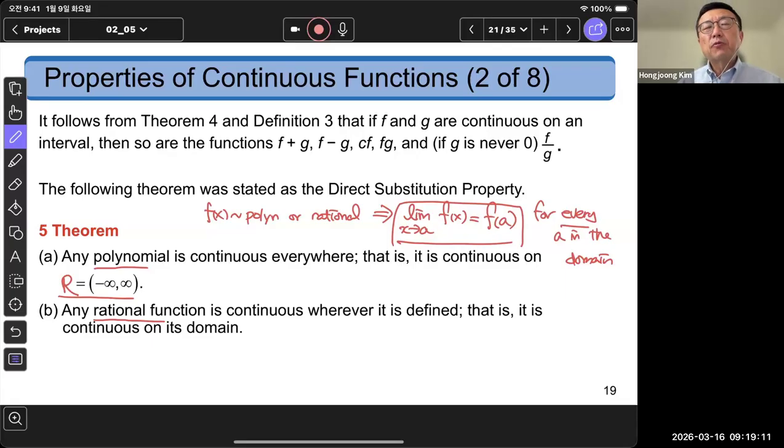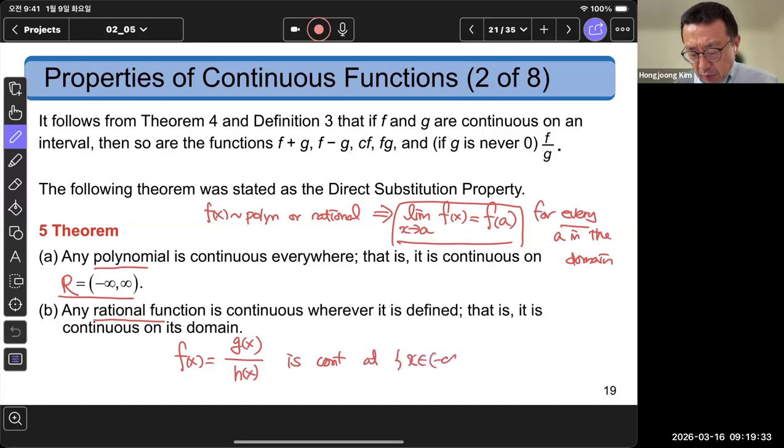If your rational function is defined by some polynomial divided by another polynomial, then it is continuous at all real numbers in the domain, meaning the denominator cannot be 0 there.